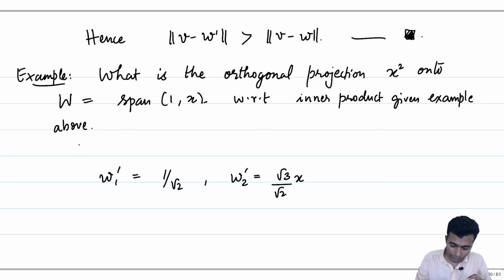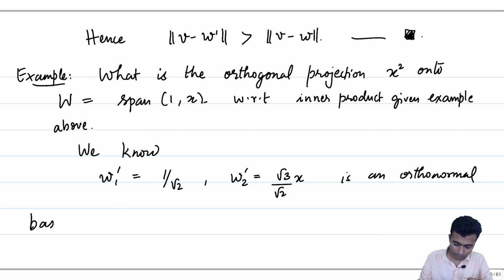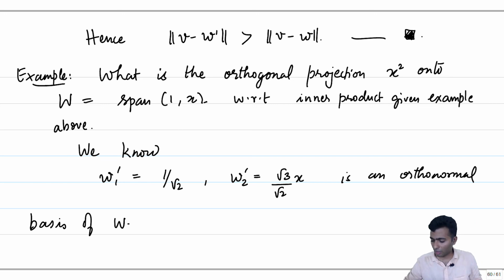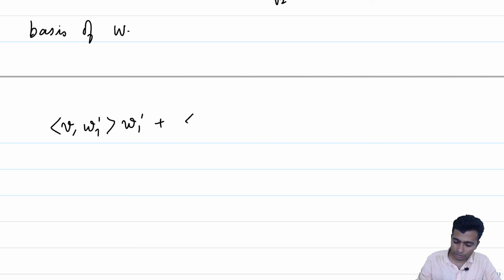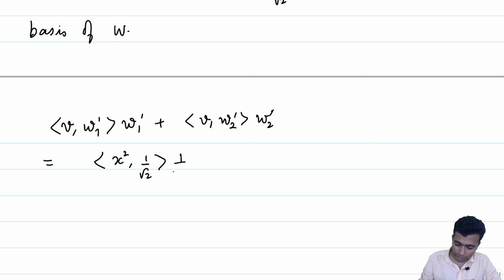We know that this is an orthonormal basis of W, and we can check that then the orthogonal projection will just turn out to be V inner product with W1 prime times W1 prime plus V inner product with W2 prime times W2 prime, which is just going to be the inner product of x square with 1 by root 2 times 1 by root 2 plus the inner product of x square with root 3 by root 2 times x, times root 3 by root 2 times x.